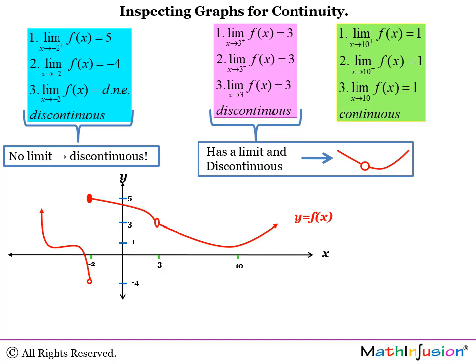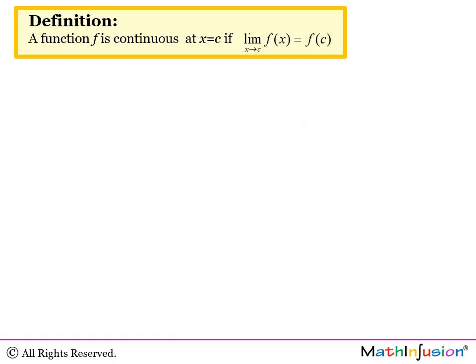We have this situation. We really like to find out what is the connection between having a limit and being continuous, or maybe discontinuous. Here is the official definition of being continuous. A function f is continuous at x equals c if the limit of the function when x approaches c equals f of c.